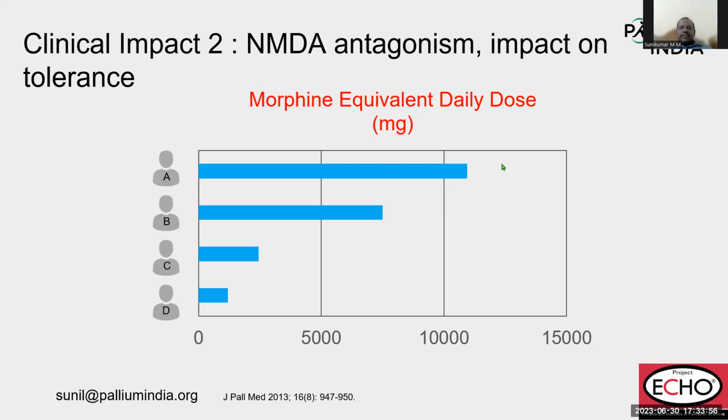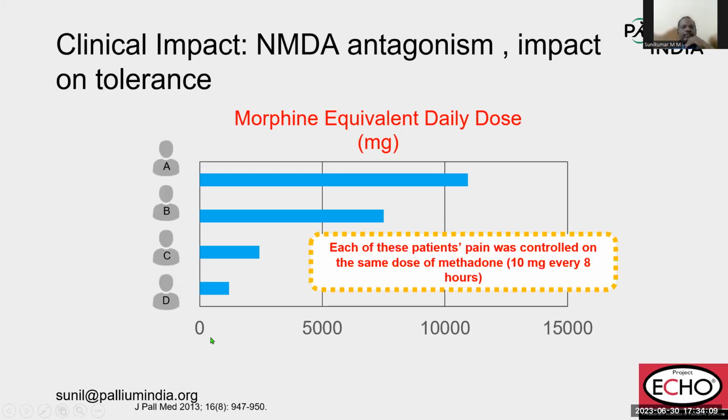And it is said that the NMDA receptor is involved in the development of tolerance. You can see this when all these patients are started on 30 milligram of methadone, regardless of the dose.